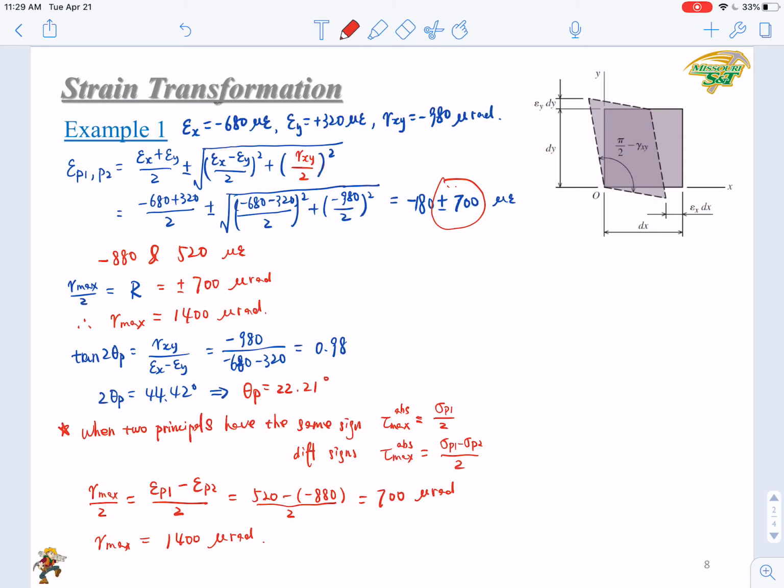First of all, we have the original element. The original element is a square.